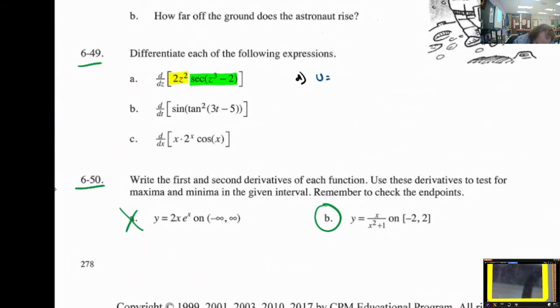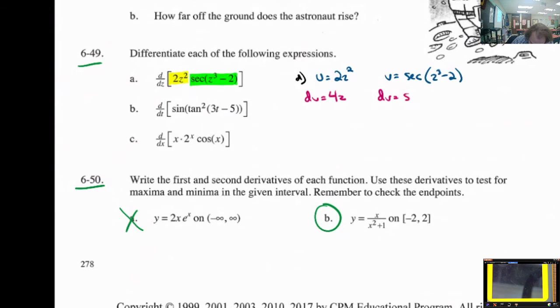u is 2z squared. v is the secant of z to the third minus 2. And the secant is going to require a chain rule. du is going to be 4z. That's pretty simple. And dv, yikes. The derivative of secant is itself times the tangent.